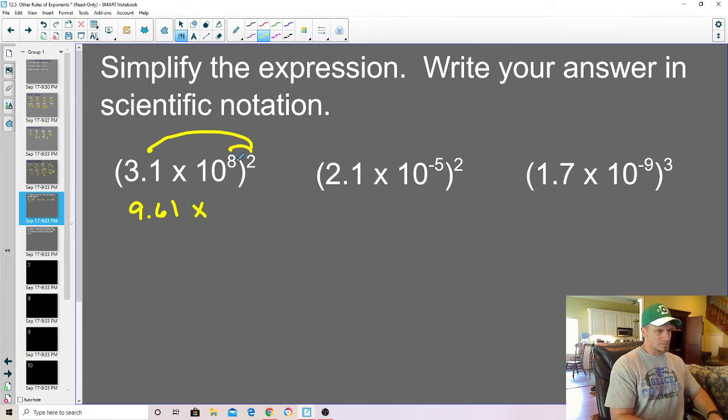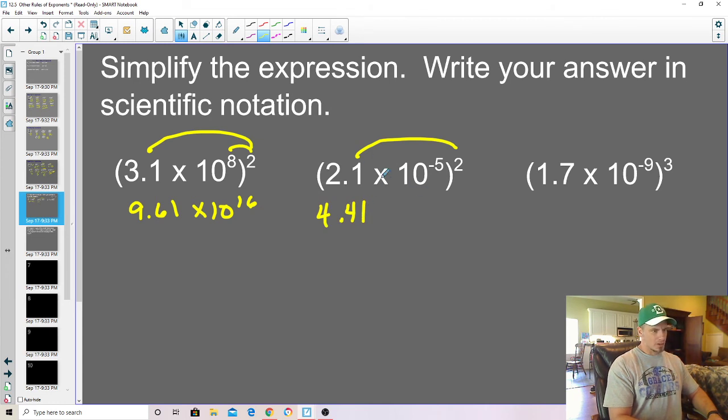And then I get 10 to the 16th power because you multiply. You're not squaring 8, you're multiplying it by 2. So it's 10 to the 16th. Okay, here I want to square 2.1, and I believe that's 4.41. And here I want to multiply the powers, and it's 10 to the negative 10.